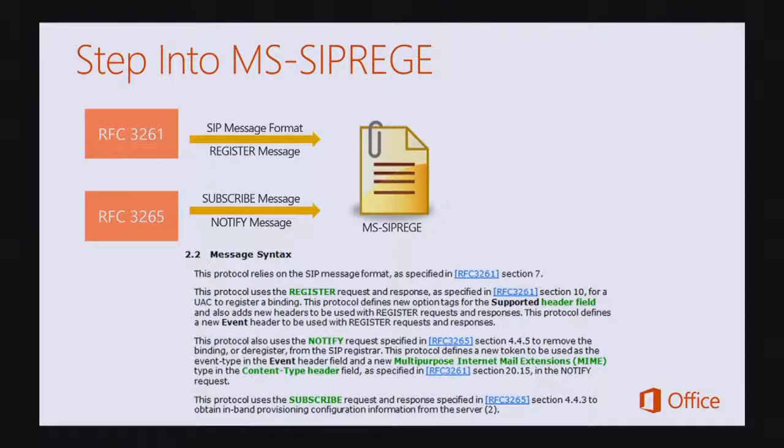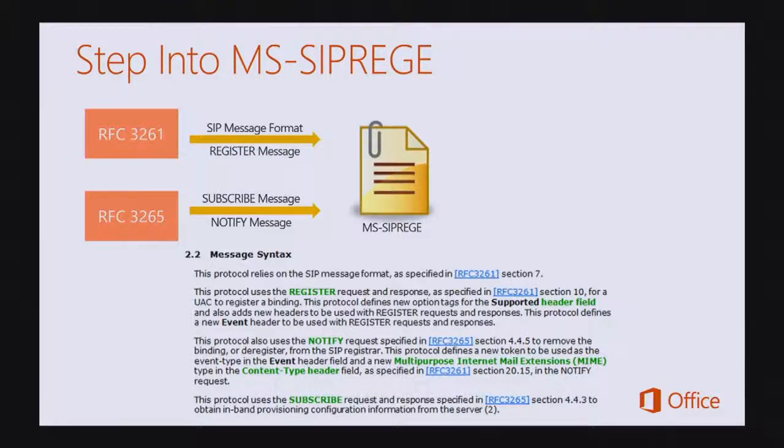And here you can see all those message formats, and the messages are derived from RFC protocols. This is different from other protocols. Almost all the Lync protocols are derived from RFC protocols. The first one is 3261, and the second one is 3265.